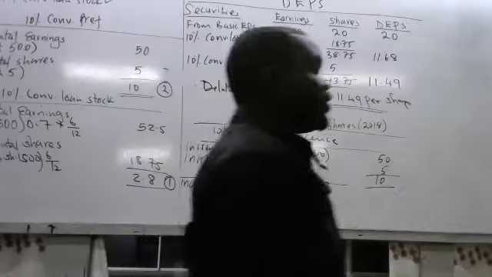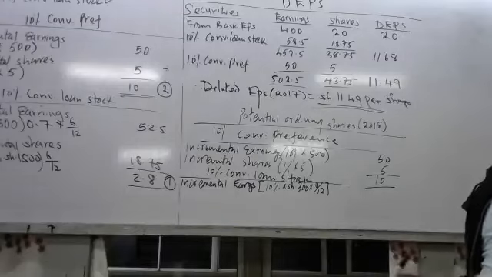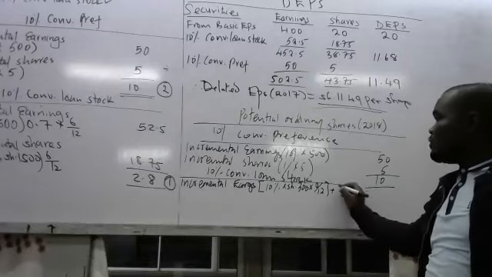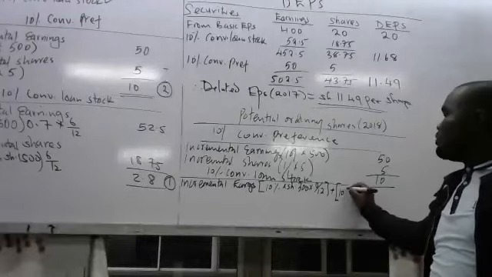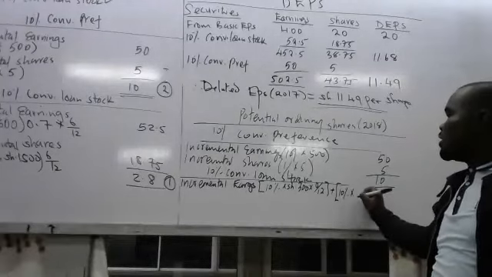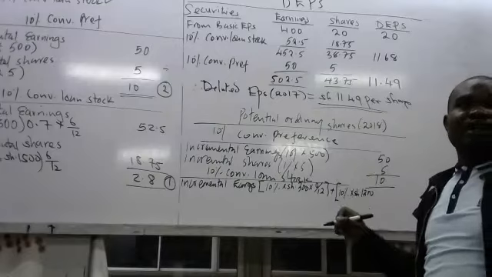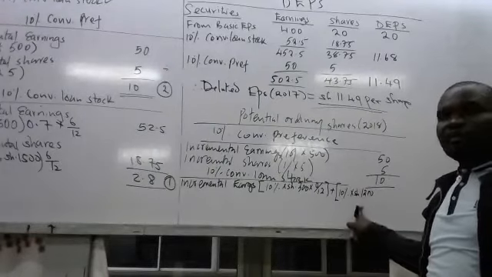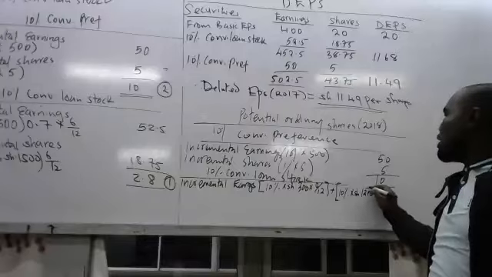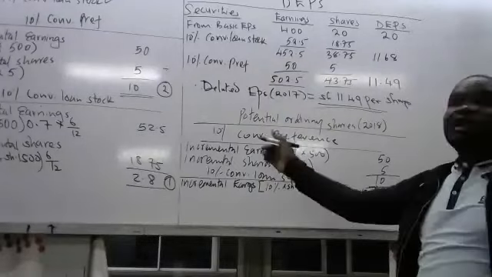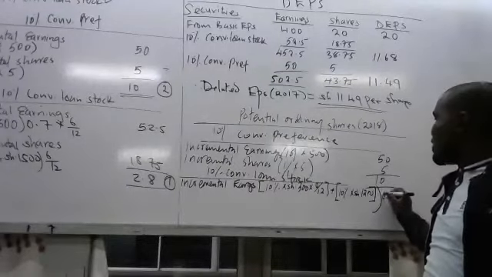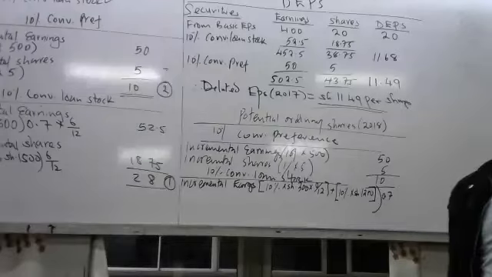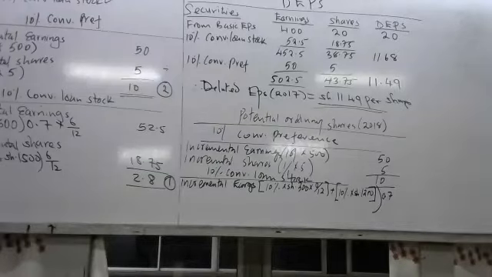Then there are those people who have not converted. For those who have not converted for the whole year, 10% times shillings 12. The total was 15, 300 went out, so we are remaining with 12, for the whole year. Then the entire value, you multiply by 0.7 for tax.